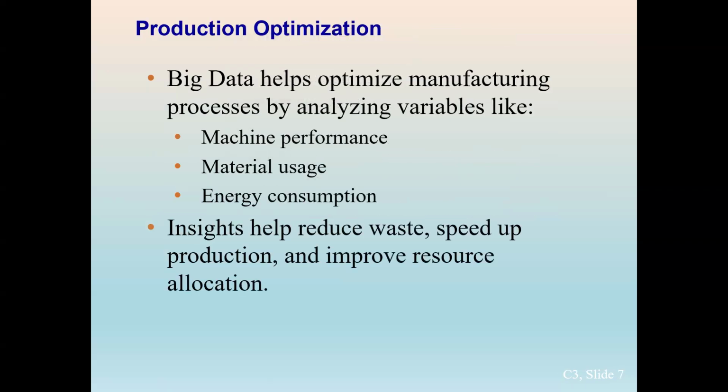So production optimization will also be one of the main concerns here. With big data, manufacturers can optimize their production process. Process parameter optimization works by analyzing historical and real-time data on machine settings, for example temperature, speed, and pressure, material inputs, and environmental conditions.